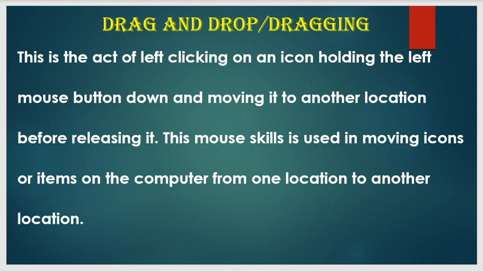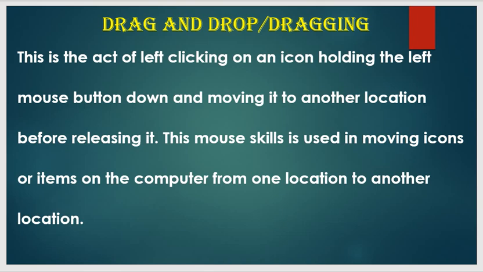And the next one we have is what we call drag and drop or dragging. This is the act of left clicking on an icon, holding the left button down and moving it to another location before releasing it. This mouse skill is usually used when you want to move an item from one place to another, either on a desktop or within a folder.